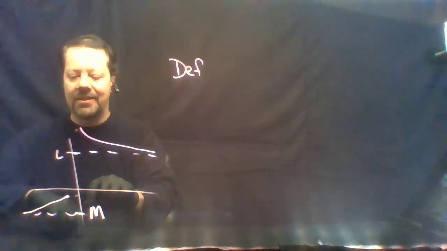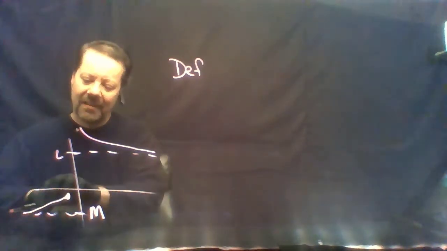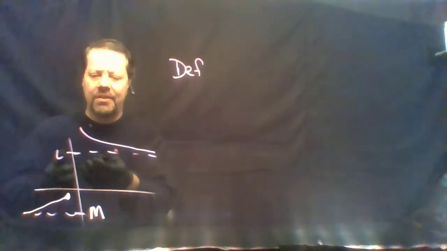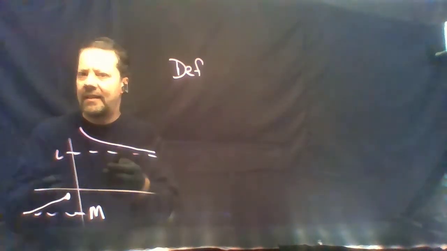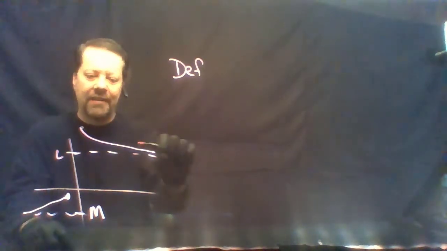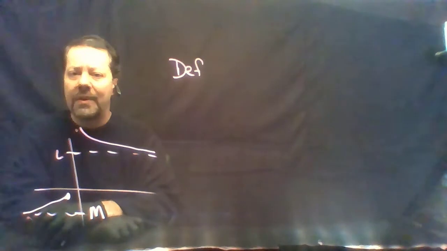Who knows what it tends to in between? But if it tends towards a different limit on the left, there's two directions you can go. There's right and left. You don't have to get the same limit if you go to plus infinity or minus infinity. For rational functions, you always will.